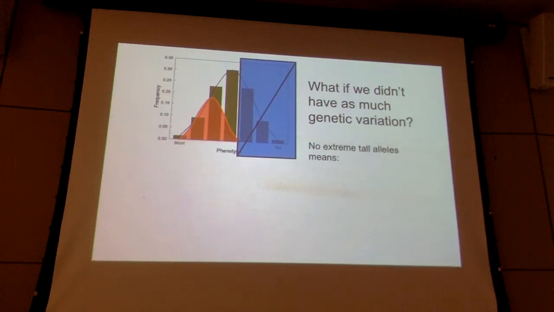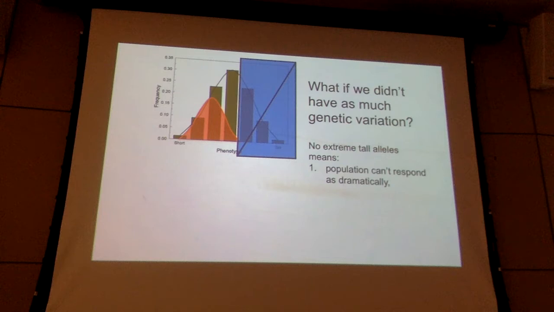So no extreme tall alleles means you can't respond as dramatically. Not at first, anyway. Over time, you could get some random mutation that would allow you to grow super, super tall, right? So over many generations, you might have the emergence of that genetic variation, because what's the source of all genetic variation?